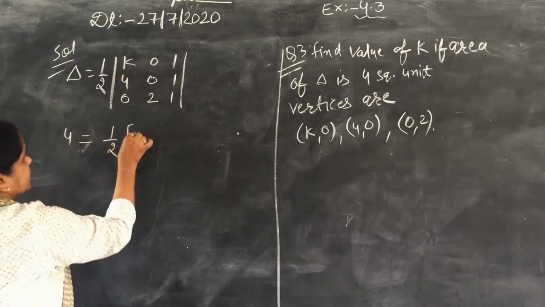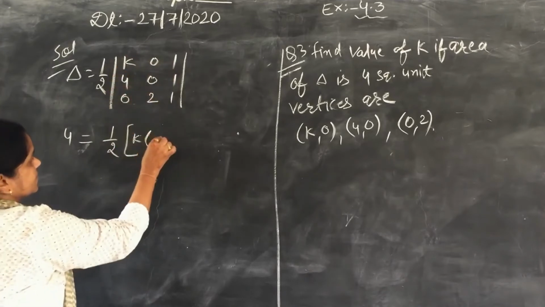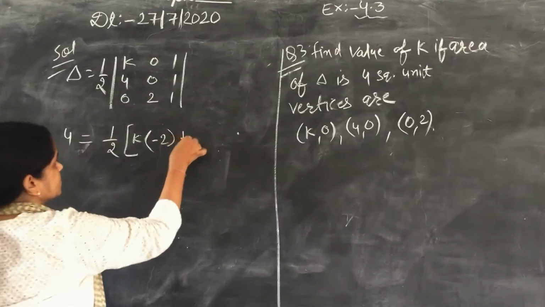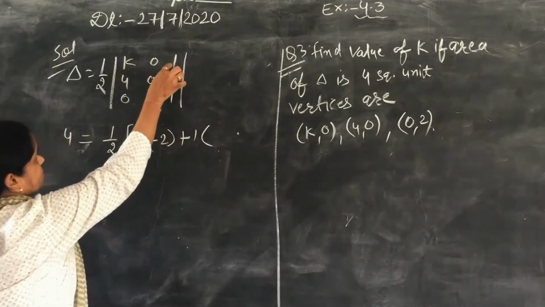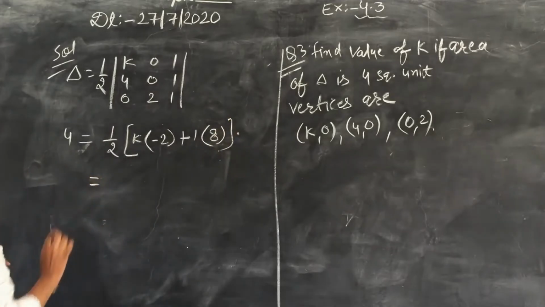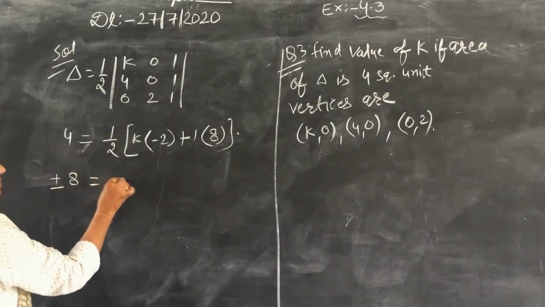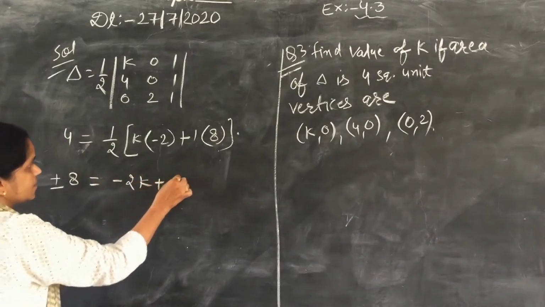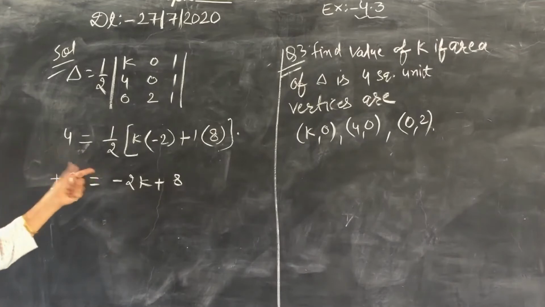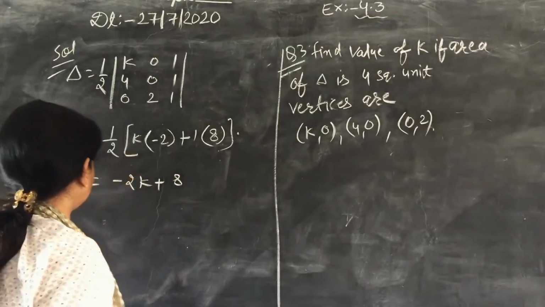If we start with k, this row and this column will cancel, and you will get -2. Then the next is already 0, and with 1, this row and column will cancel and we will get 8. So it is -2k plus 8. Cross multiply with 4. We have to take both positive and negative values, students.